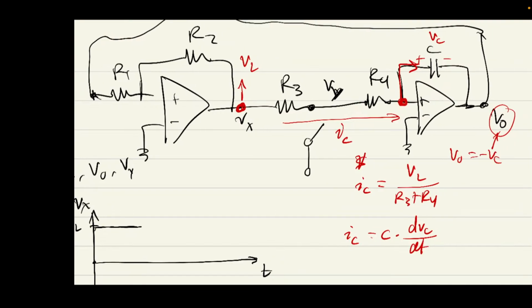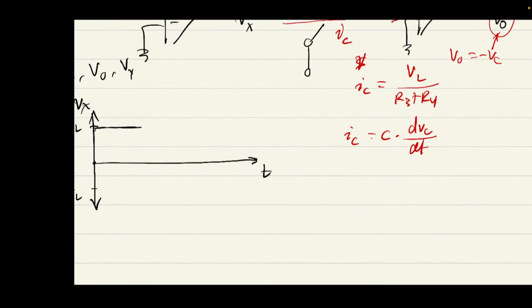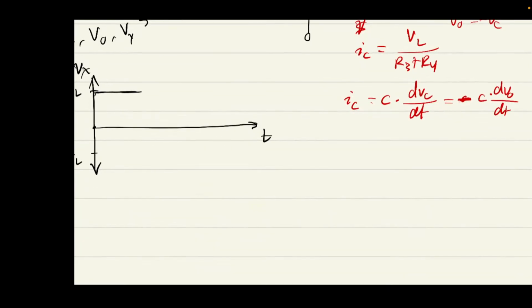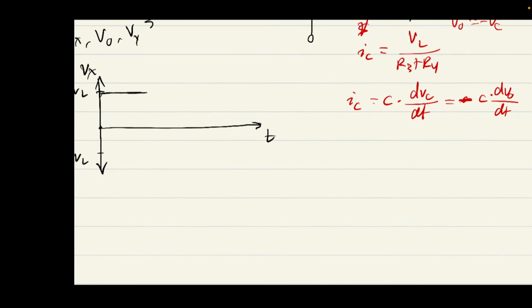VO is minus VC. So in other words, IC is also negative C times dVO dt. What we're going to do is make these two equal. VL on R3 plus R4 is equal to negative C times dVO dt. We'll come back to this equation, but for now, this is all we need.